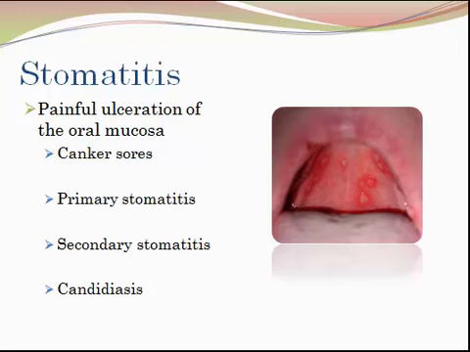Your secondary stomatitis generally results from infection by some form of opportunistic virus, fungi, or bacteria in patients who are immunocompromised. It can also result from drugs, as we know, or chemotherapeutic type drugs.